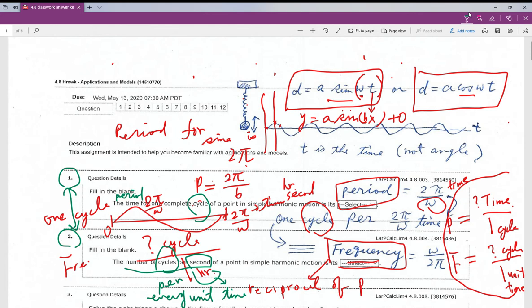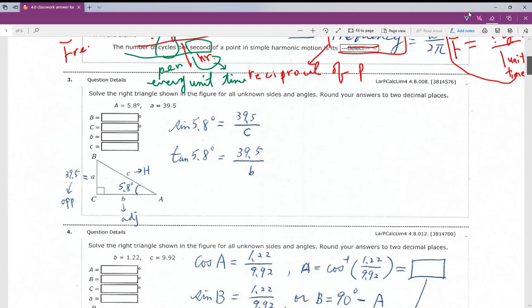Probably half a period, probably 1/3 of a period, probably 4 periods. So that's called frequency. How frequently it happens. So how many cycles may happen in the unit time? How many times it happens means how frequently it happens. So that's why it's called frequency. Okay, next one, number 3.